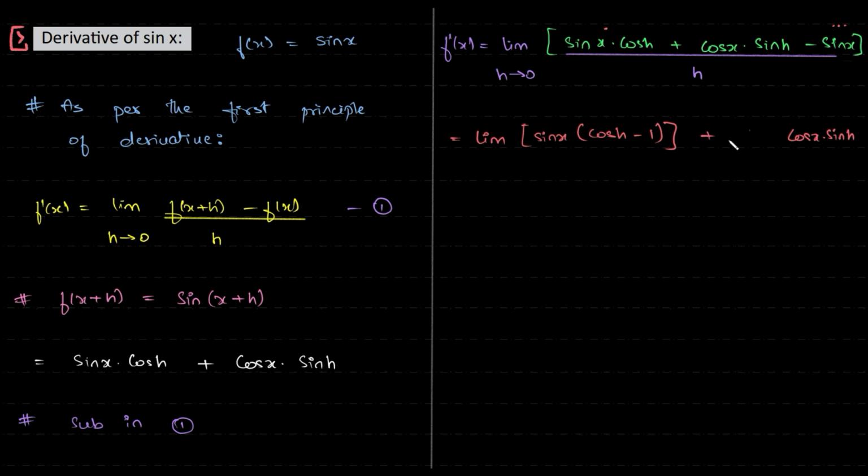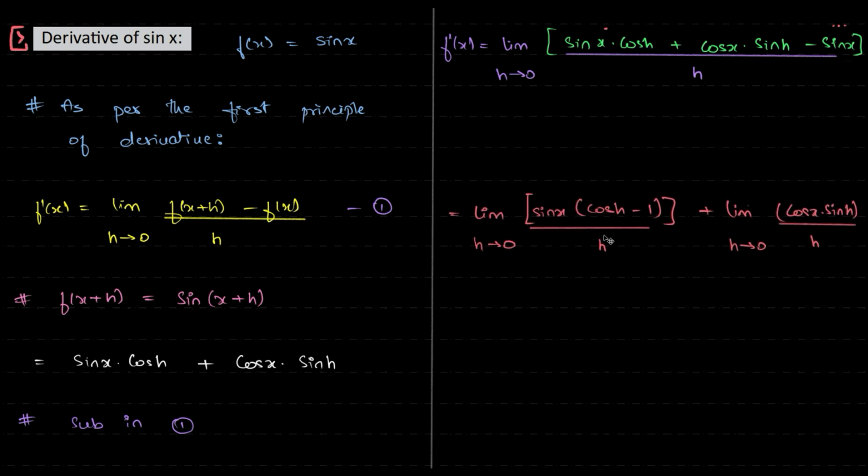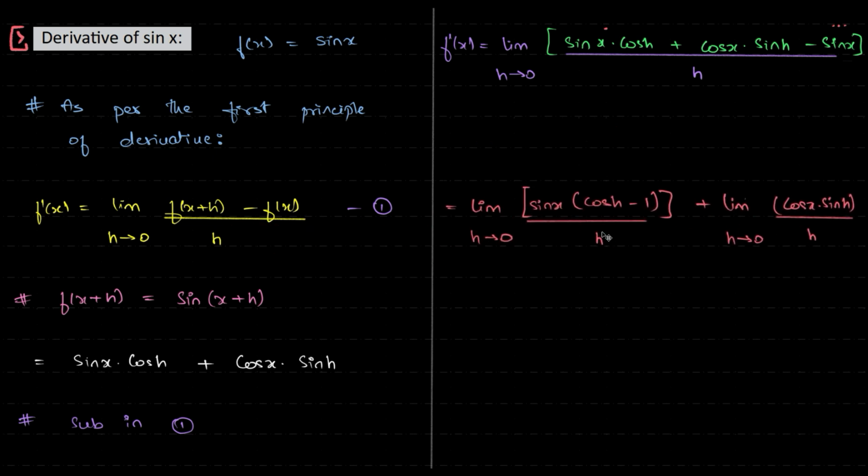So I'm going to apply the limit to this as well, this entire expression divided by h. Now we need to make a small observation actually. So let me take a line for that. Okay, this is good enough.